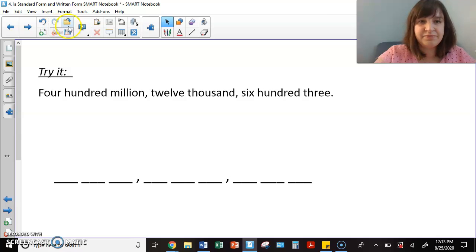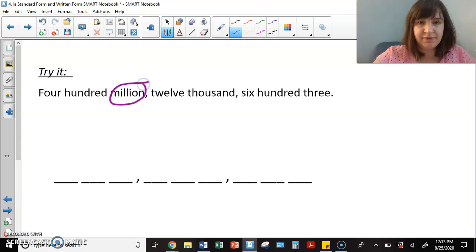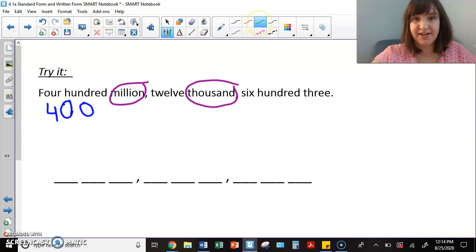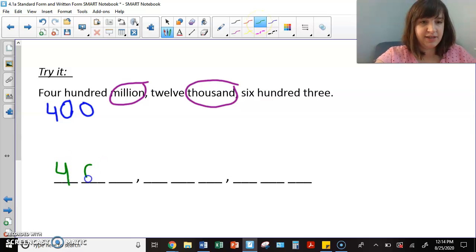Let's try another one. I'm going to find my word million and my word thousand. Before the word million, I have the number 400. 400 looks like this, so I would write it like this.